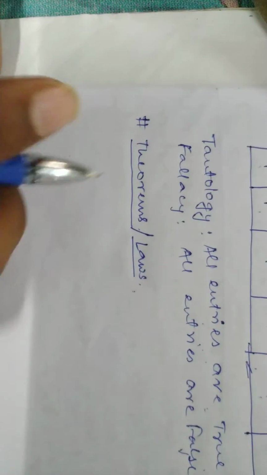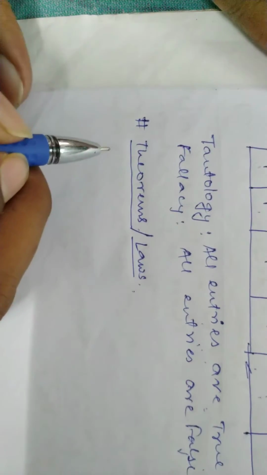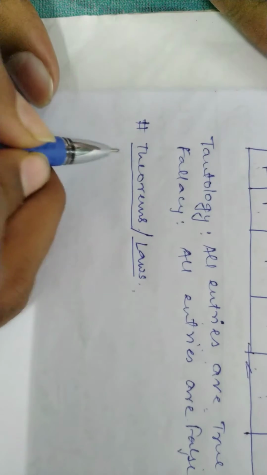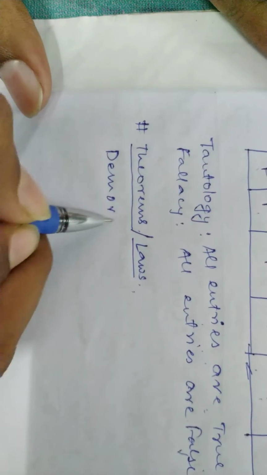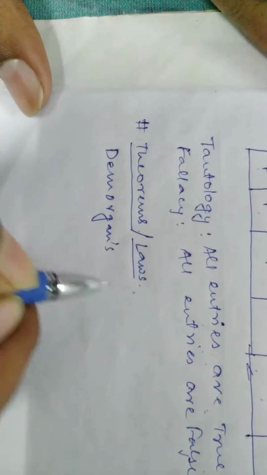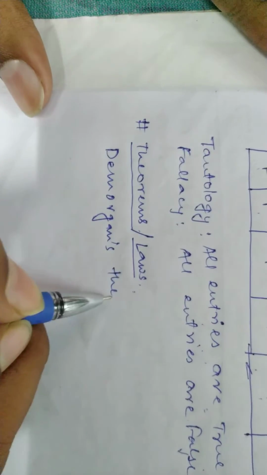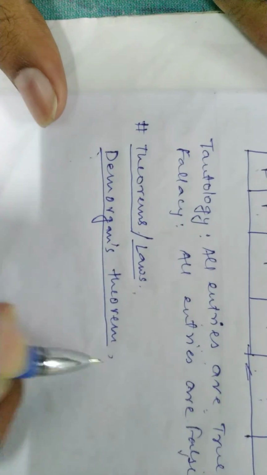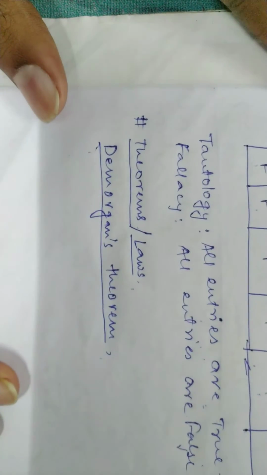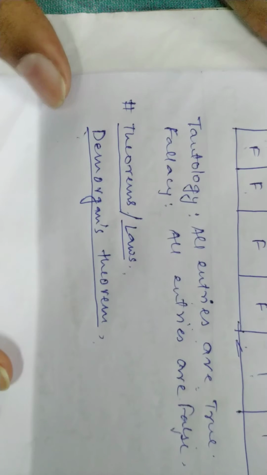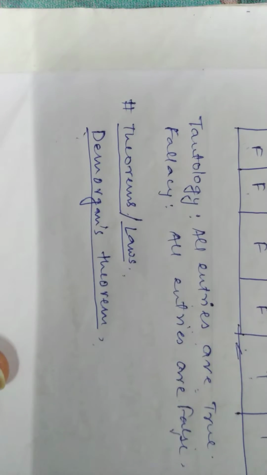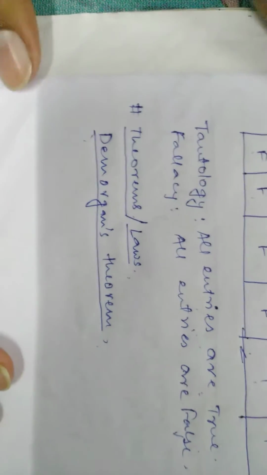So now let's quickly learn one very important theorem, which is known as De Morgan's theorem, which is in both parts. De Morgan's theorem is also in both the parts, right? It is also in sets and in this part, logical reasoning, also.